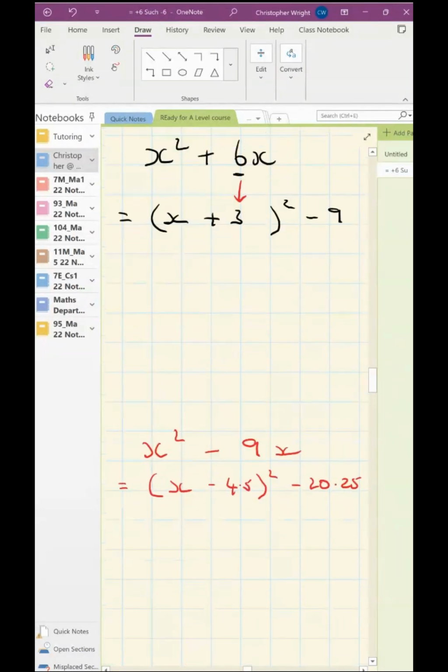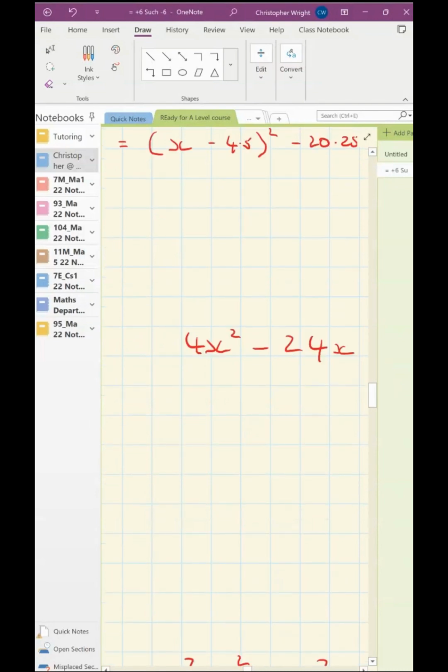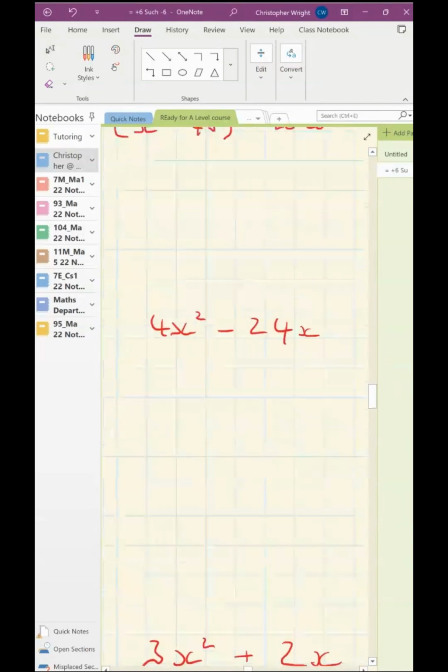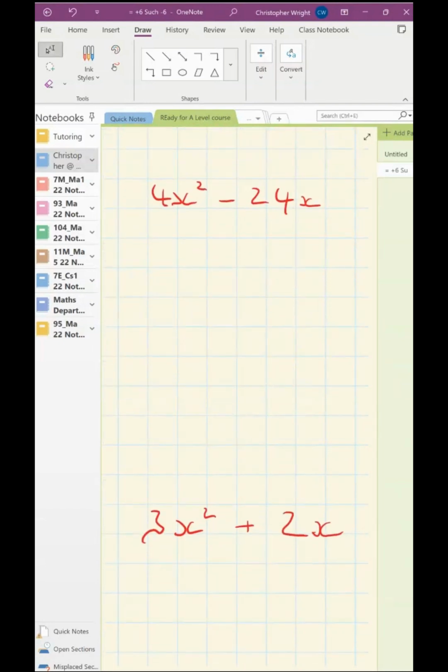So there are a couple of examples there, and each of those have a single x squared. Let's deal with one which has a coefficient on the x squared. In this case, we're going to take this 4 outside a bracket so that I only have to deal with a single x squared.